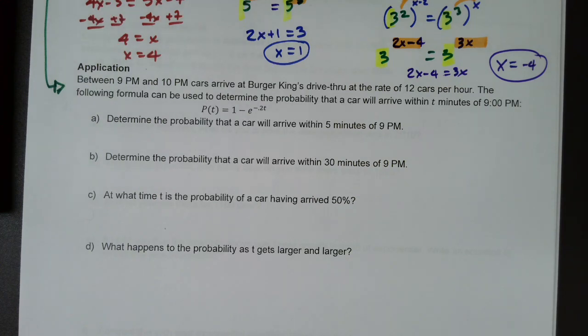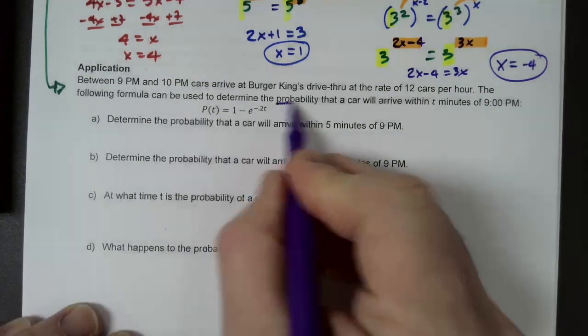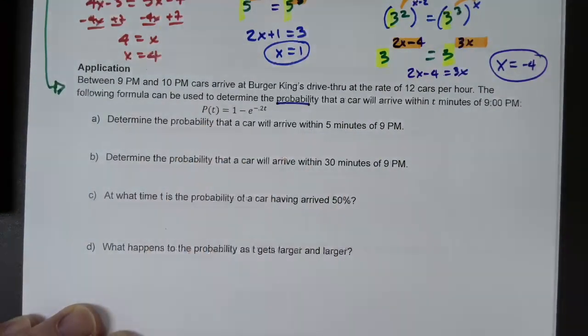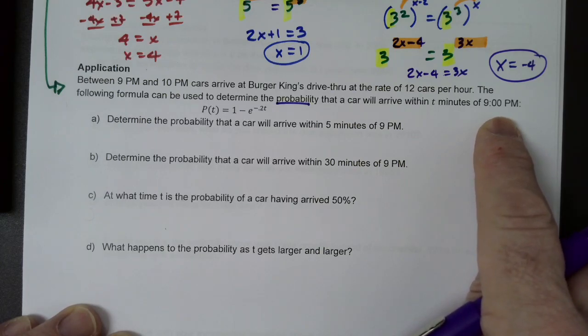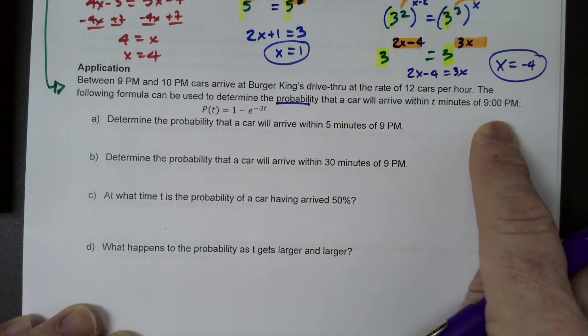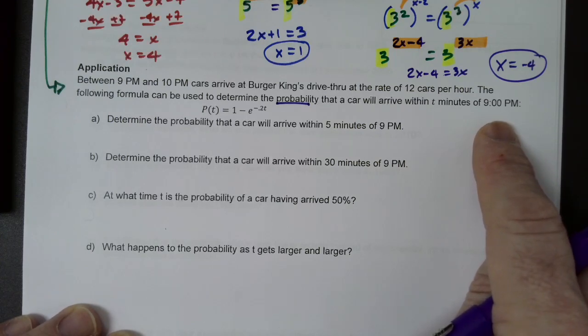The following formula can be used to determine the probability, being P, that a car will arrive within t minutes of 9 p.m. So t equals 1, that would be 1 minute after 9, or 9:01. T equals 5, that would be 9:05. T equals 10, it would be 9:10.